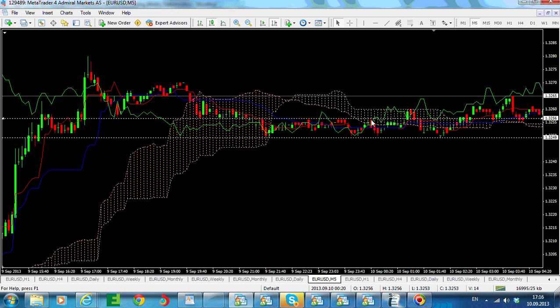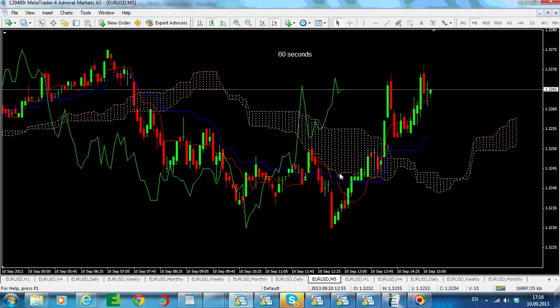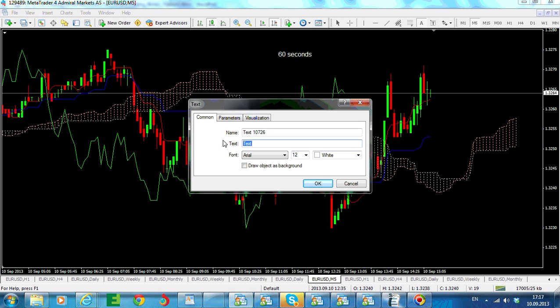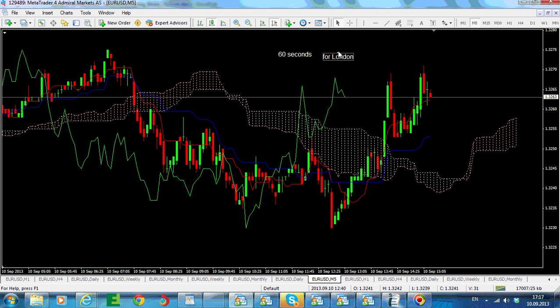So ranges and one-touch options I would recommend for the 5-minute chart during the Asian session, while with the most volatile session of them all, the London session, I would go for the 60 seconds, and with New York, I would go for short-term expirations like 2 minutes, 5 minutes, and even 1 hour expiration dates. So 60 seconds, let's say, for London. Then let's play the ranges with the 5-minute chart.